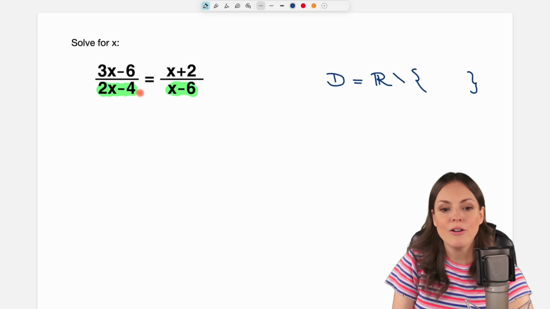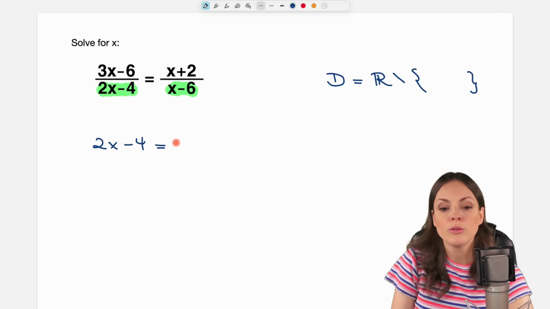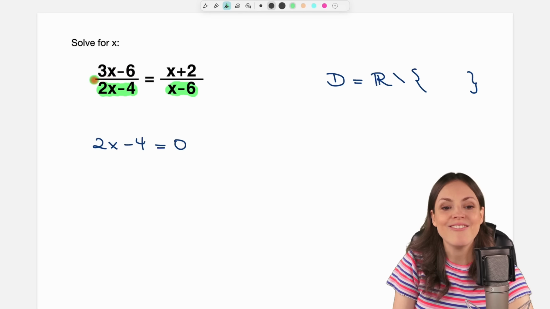So we take our first denominator, the 2x minus 4, and set it equal to 0 to see when this denominator would be equal to 0. When would we divide by 0?